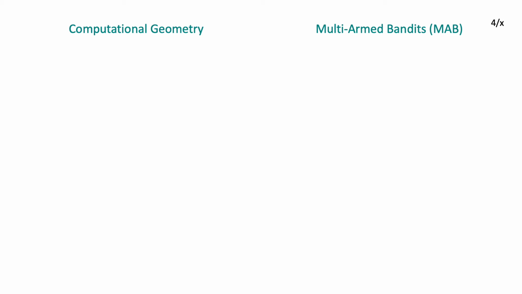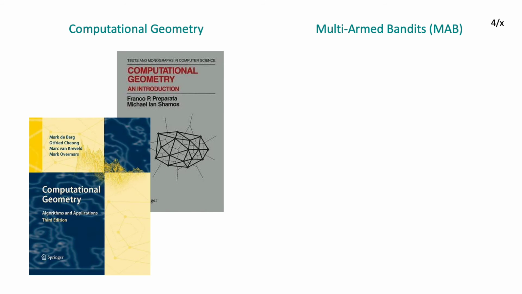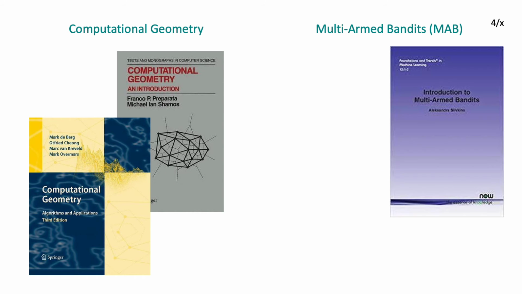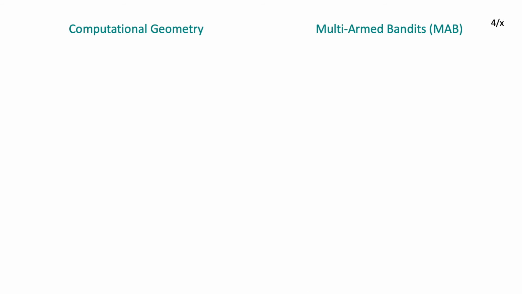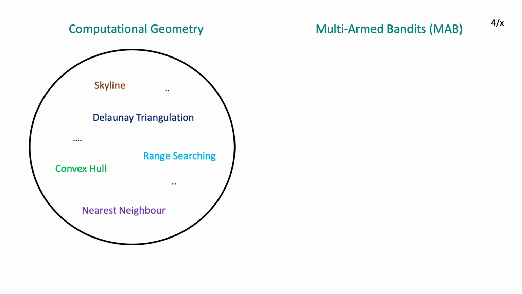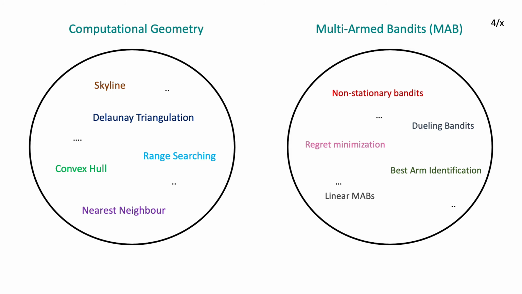Zooming out a little, both computational geometry and multi-arm bandits are classic fields in their own right. They have graduate level textbooks and a rich research literature. There are so many different problems and so many different settings in both of them. Recently, with technological advances, data has become ubiquitous and most of it is also stochastic or approximate, like GPS locations, quality of workers, attractiveness of online advertisements, real-time measurements from IoT devices, etc. This opens up a lot of problems in the intersection of these two fields.